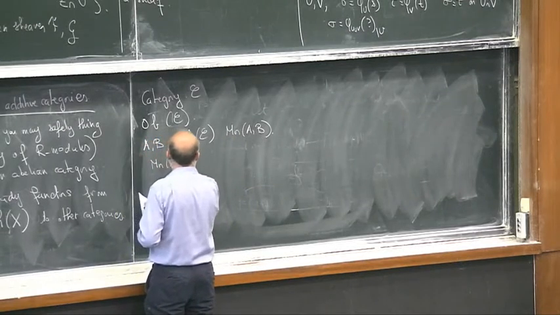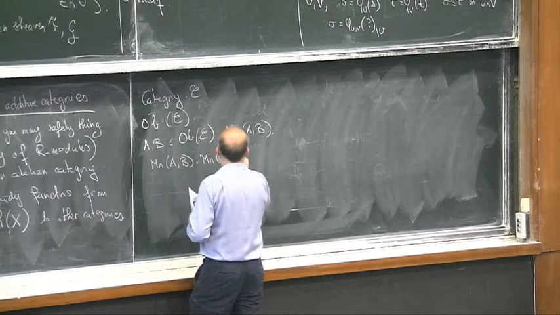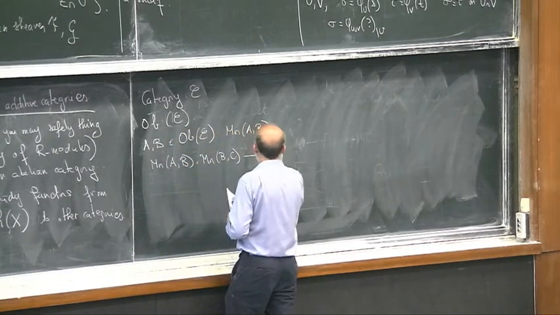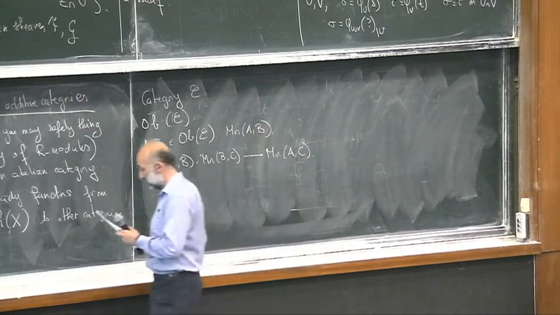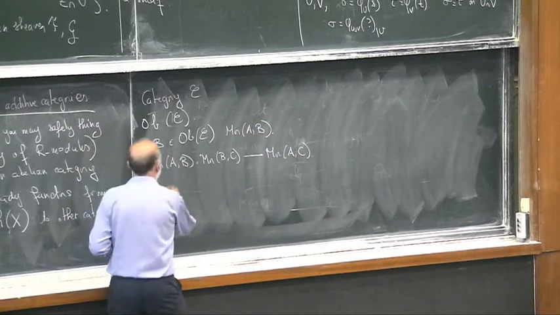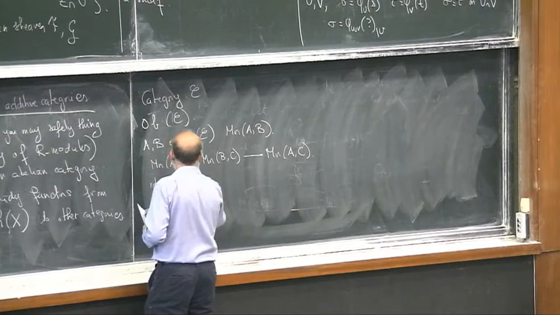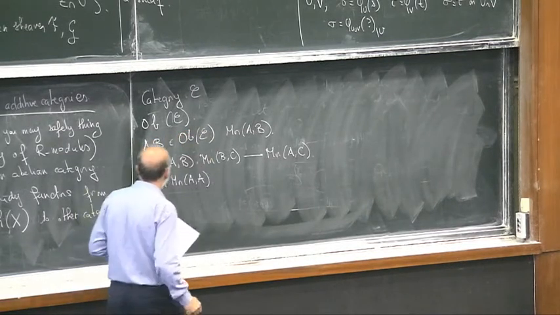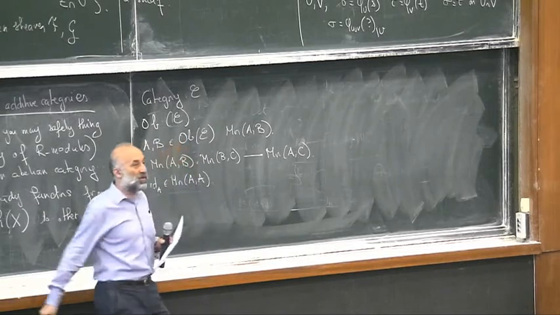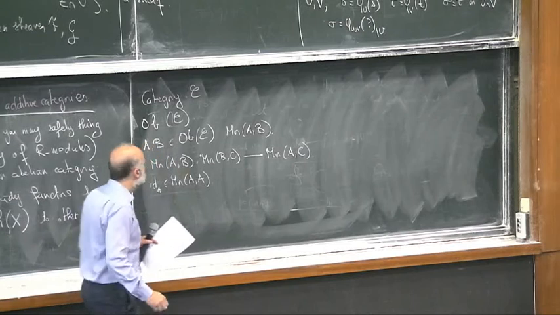So if you have a morphism from A to B and a morphism from B to C, then you get a morphism from A to C. And there are some obvious properties: you have an identity morphism from A to A, which behaves the way you expect, in the sense that when you compose with the identity, you just get the same map.